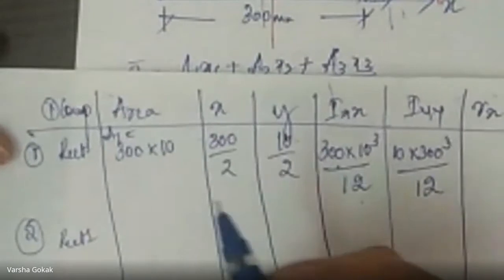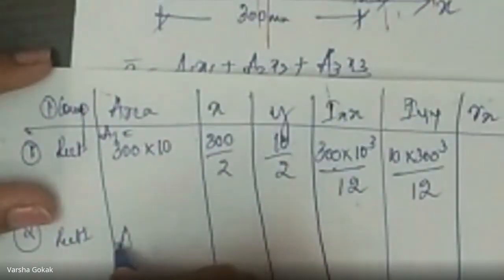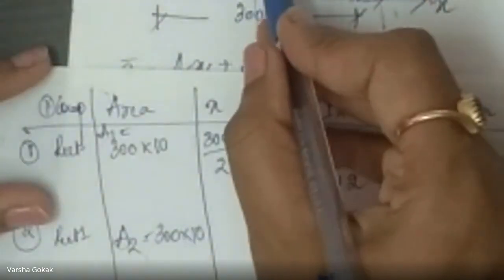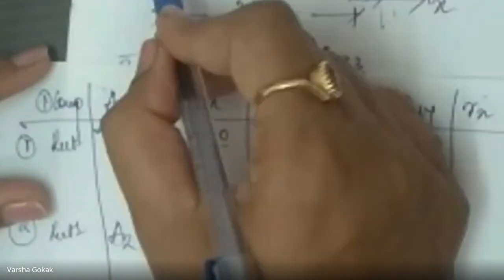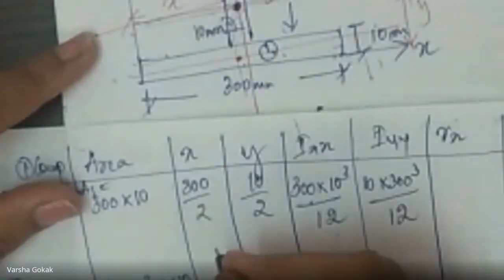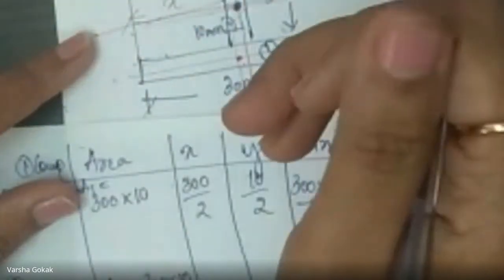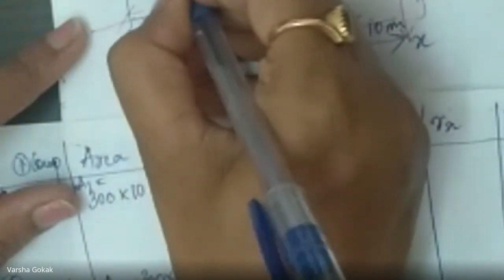The second component is also a rectangle whose area A2 is going to be 300 by 10 again. What will its x value be? It is going to be 10 divided by 2 plus this distance. What is this distance? It is 300 minus 10, which is 290, divided by 2.